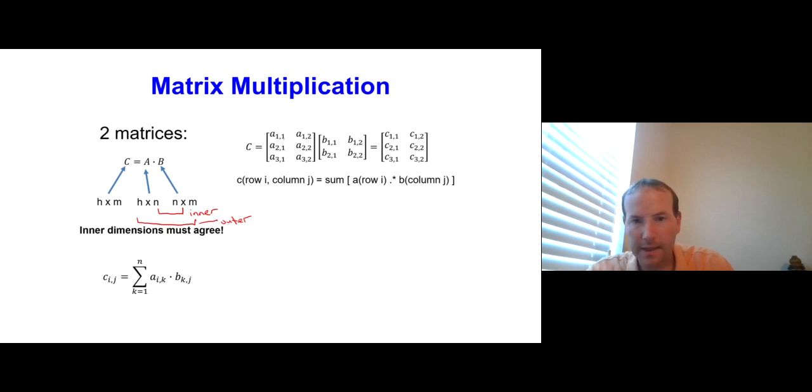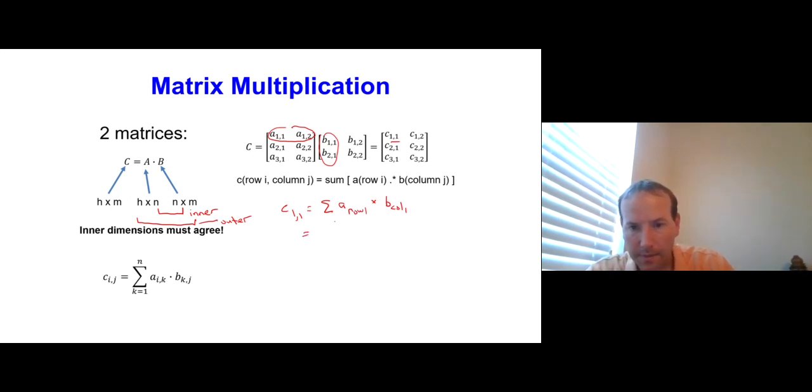In order to find the 1, 1 value, C11, it's going to be given as the first row in A times the first column in B. So we're going to be summing together A row 1 times B column 1.